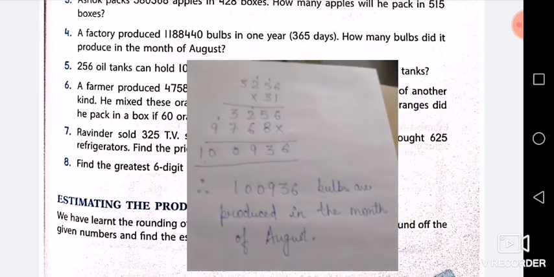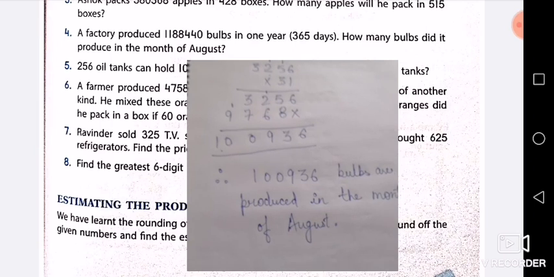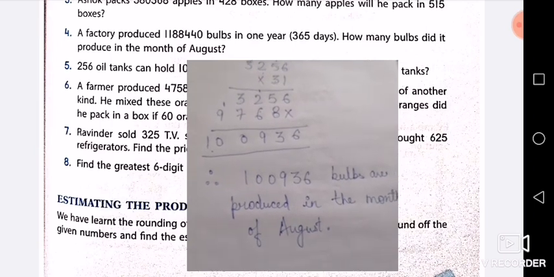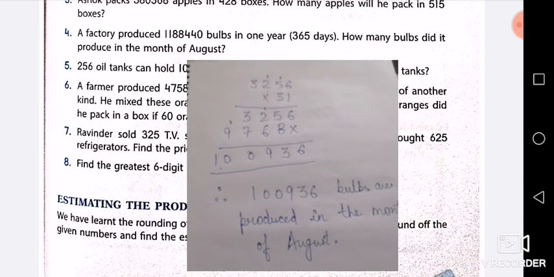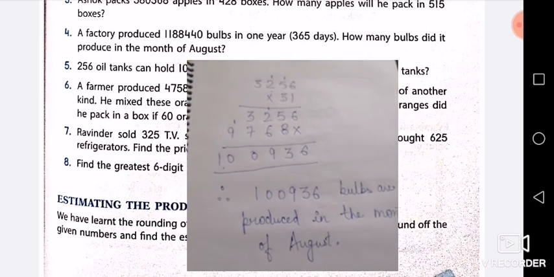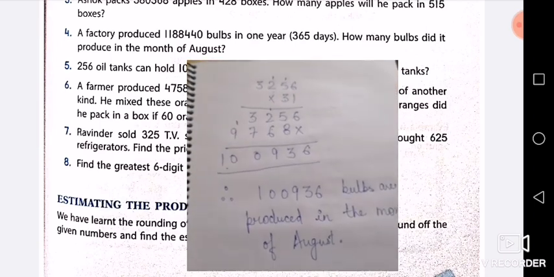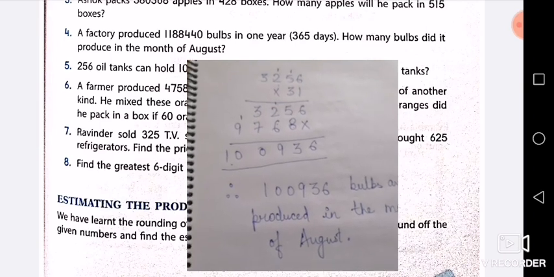Or you can write the statement like this: the factory produced 1,09,336 bulbs in the month of August. You can frame this last solution sentence in your own words, and in any way you can write it down.